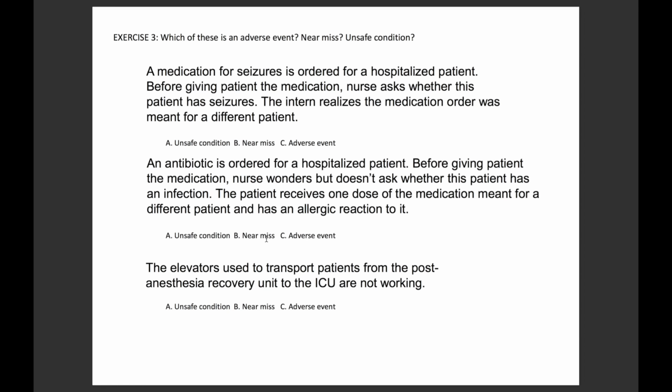We actually did a root cause analysis. No harm to the patient, but a serious unsafe condition leading to a near miss led to a root cause analysis, which led to the immediate fixing of the elevators. So you can see buildings can be unsafe conditions or near misses as well that can get in the way of patient safety.